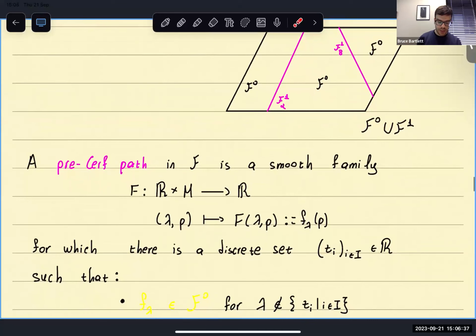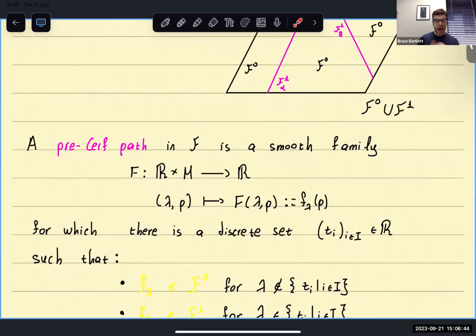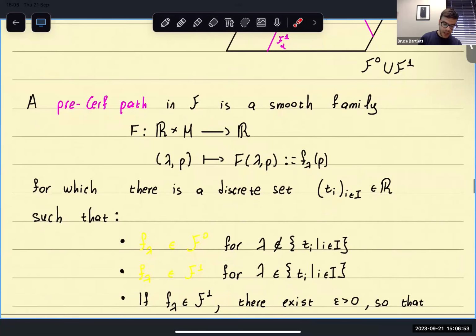So what is a pre-Cerf path in capital F? I need to define a path in the space of smooth functions, so that's going to be a smooth path.